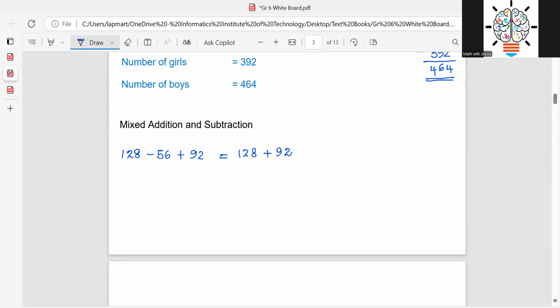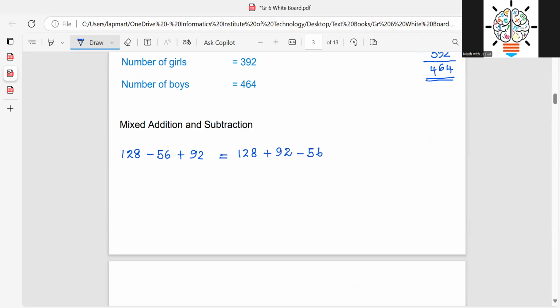Why? We know in front of 128, we don't have any sign. That means it is positive 128. In front of 92, you can see the positive sign, so it is a positive number. So then you add 128 and 92 together because both of them are from the same category, both having the plus sign. From that, you deduct 56.